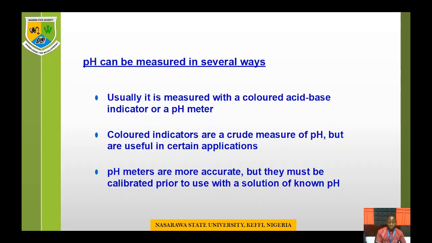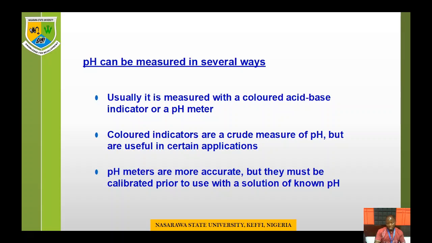Okay, for instance, a false result occurs when a solution is actually acidic, but using the pH meter you see a value that is of alkaline. So that's a false result for the acid.